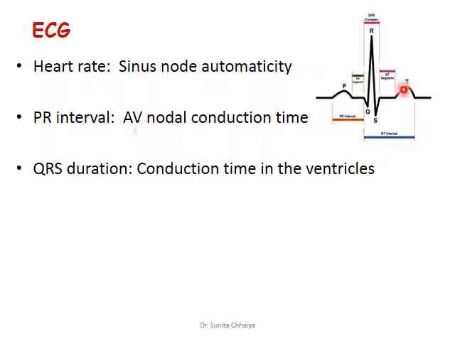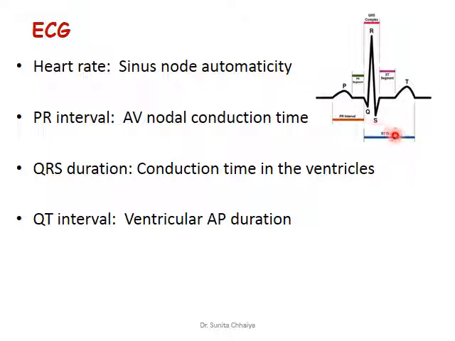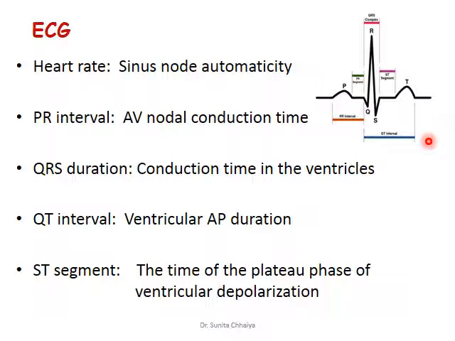QRS duration mainly represents the conduction time in the ventricles. The QT interval mainly represents the ventricular action potential duration, and the ST segment mainly represents the plateau phase of ventricular depolarization.